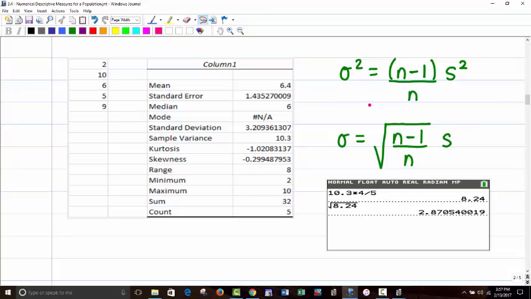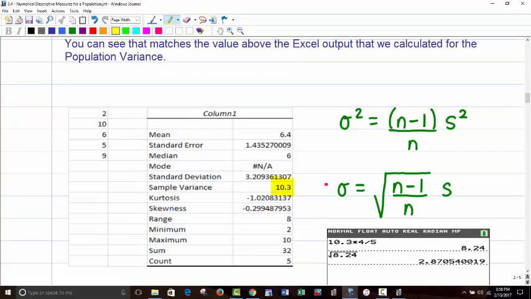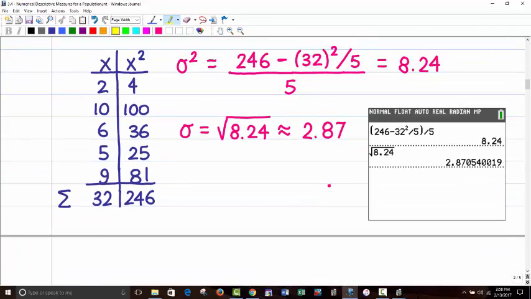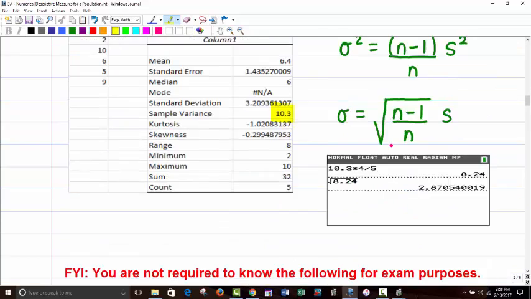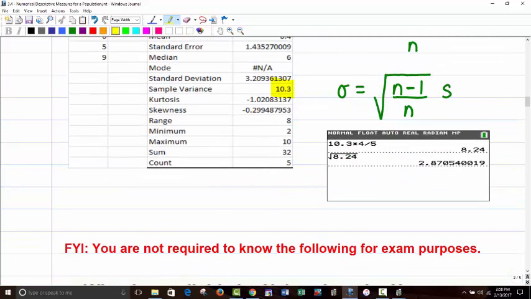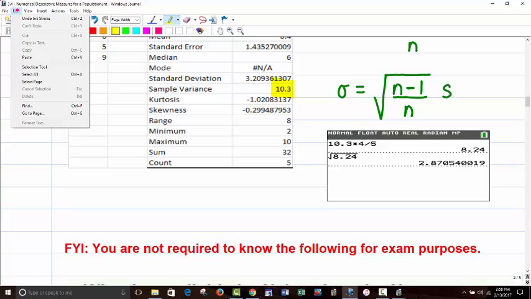Yeah, but I can show you that real quick too. Well, anyway, if you take the sample variance that Excel gives you, right there, 10.3, and you can see inside the calculator box, if I multiply it by n minus 1 over n, there were 5 numbers, multiply it by 4 over 5, you get 8.24, which is what we got right up here. So that works.